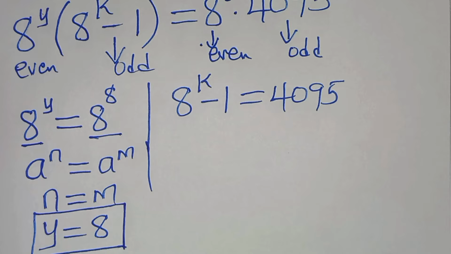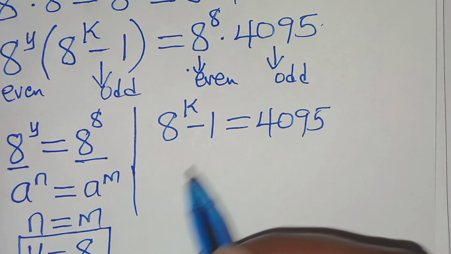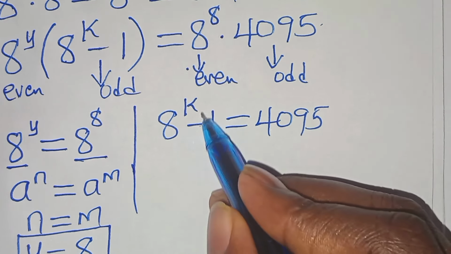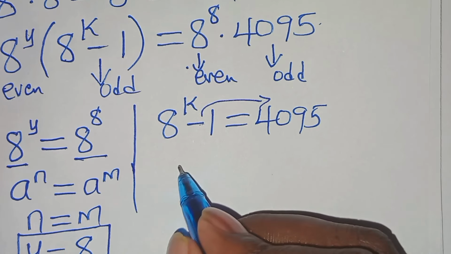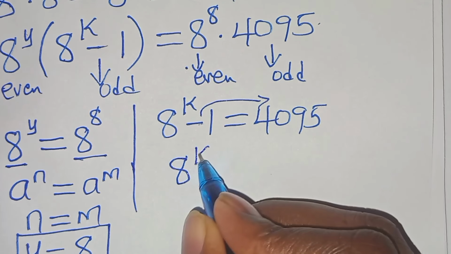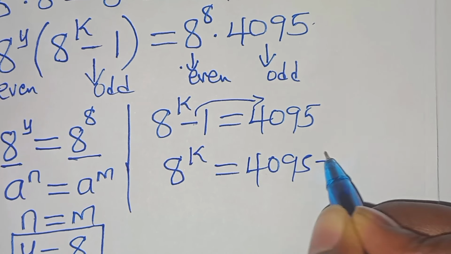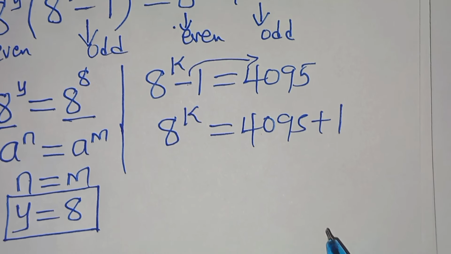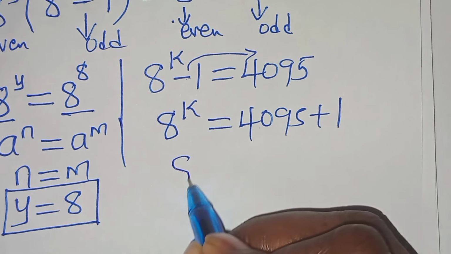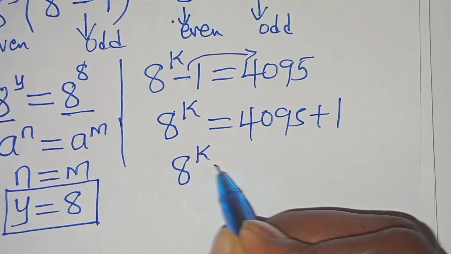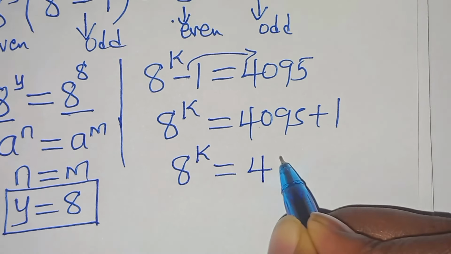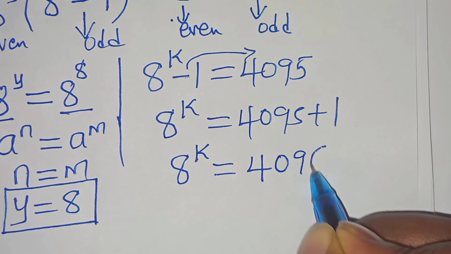Let's solve for k here. The first step is to take minus 1 to the right hand side, so that now we have 8 to the power of k equal to 4095 plus 1. So here we have 8 to the power of k equal to 4096.